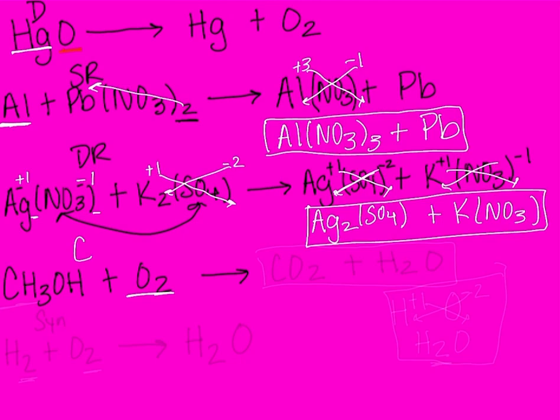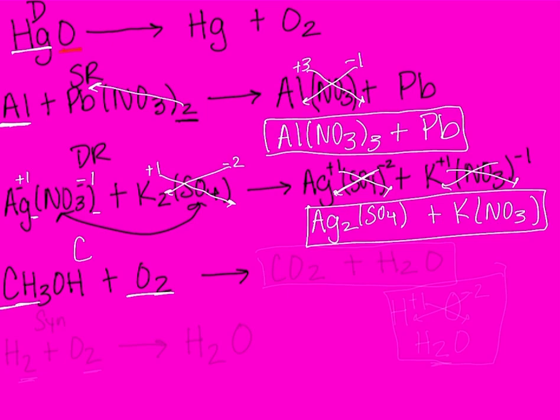Okay. So since we have a combustion reaction, and also for combustion reaction, you will see that you will have a hydrocarbon, CH. And when you see CH in your reactant side too, you also have the presence of a hydrocarbon. All right.